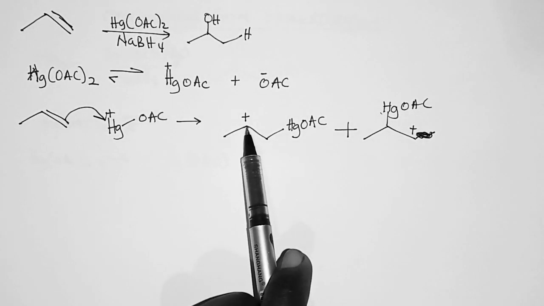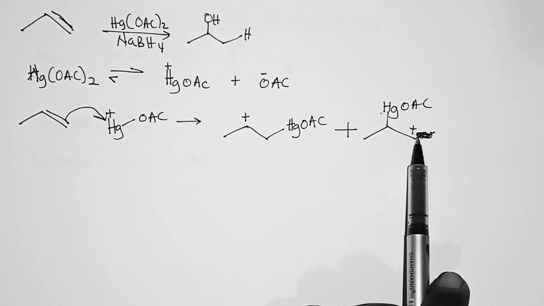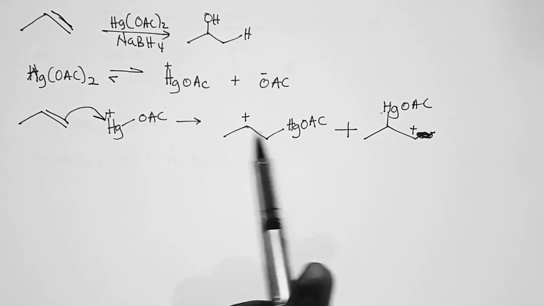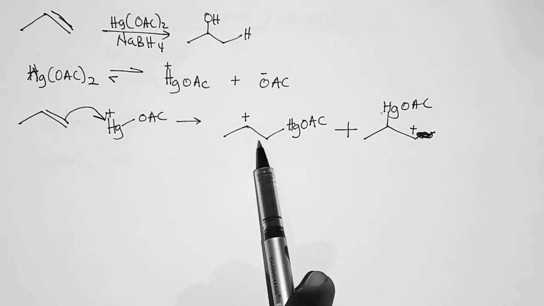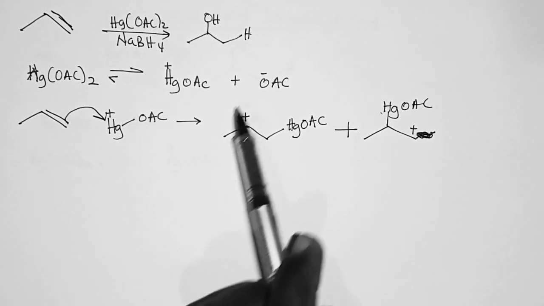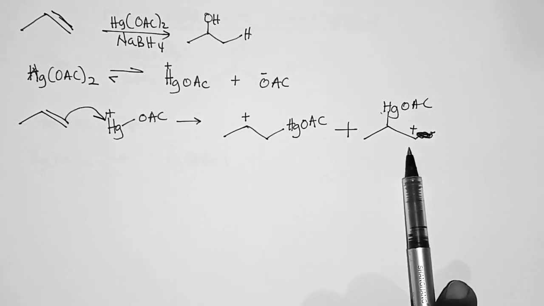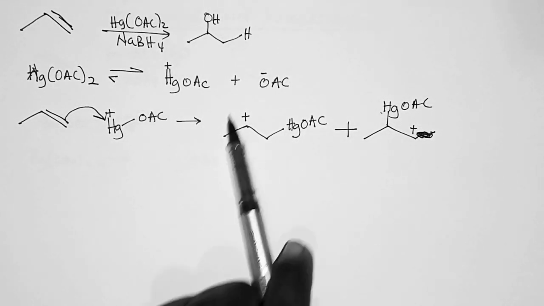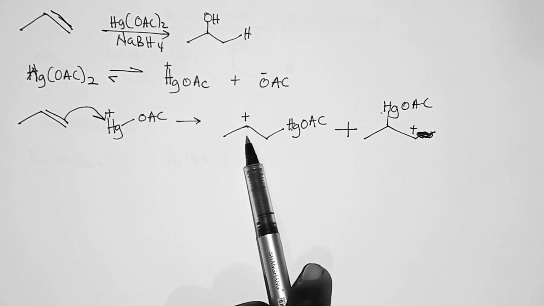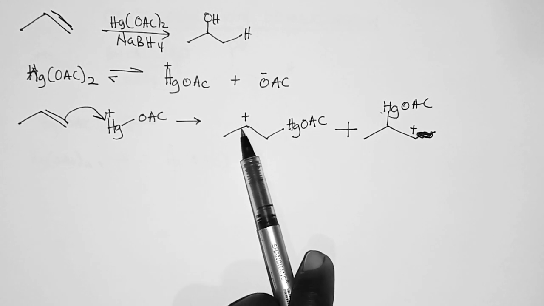The secondary carbocation is more stable than a primary carbocation because the methyl groups that are attached to the secondary carbocation donate electrons into this electrophilic center through inductive effect, thereby making this carbocation more stable than this primary carbocation. And therefore, the reaction will favor this Markovnikov's addition. So it will proceed from this intermediate.